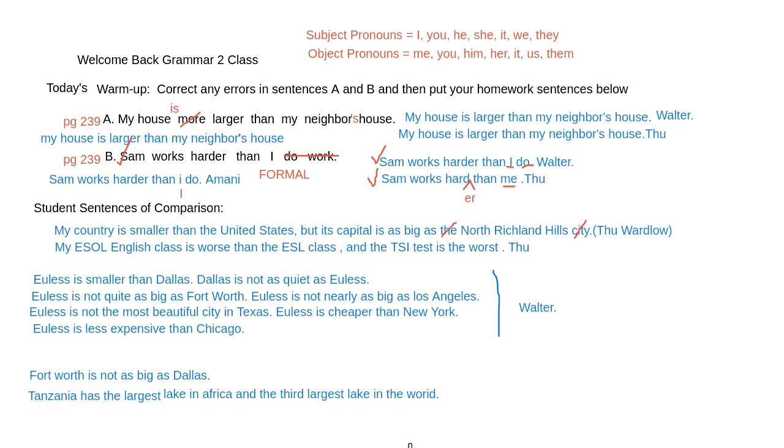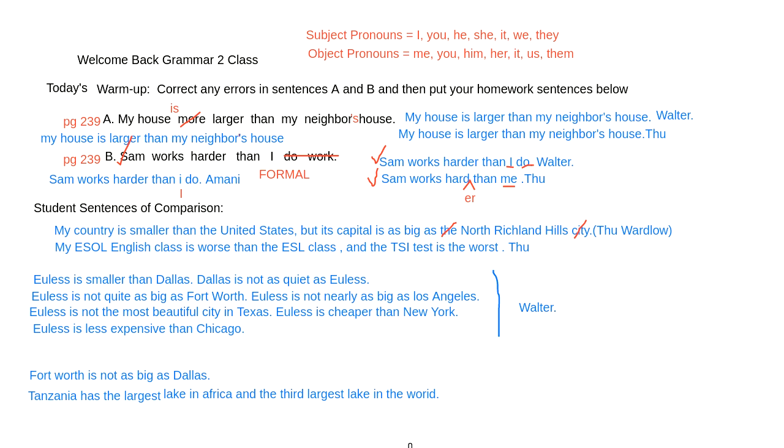And then it says my ESOL English class is worse than the ESL class. And the TSI test is the worst. Thank you for letting me know your thoughts and feelings about TCC and the testing. Okay, good.